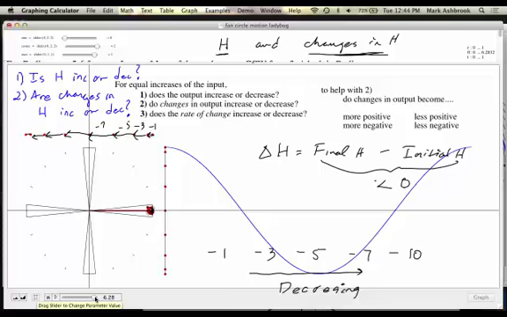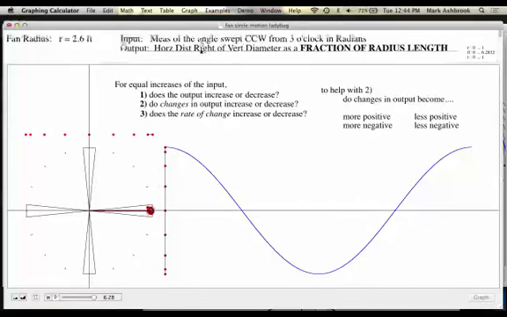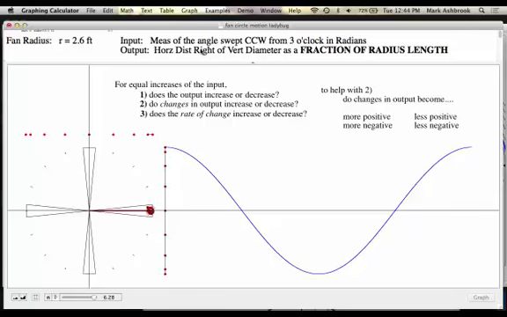Okay, so this is now the second relationship between these two quantities, and again, it's universal. We'll call it G. Input is the measure of the angle swept counterclockwise from 3 o'clock.